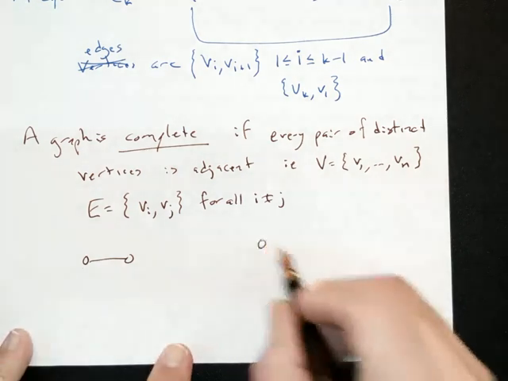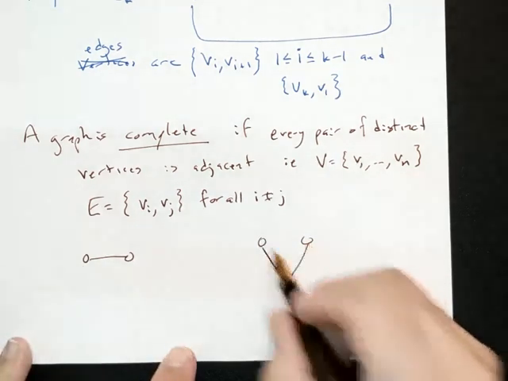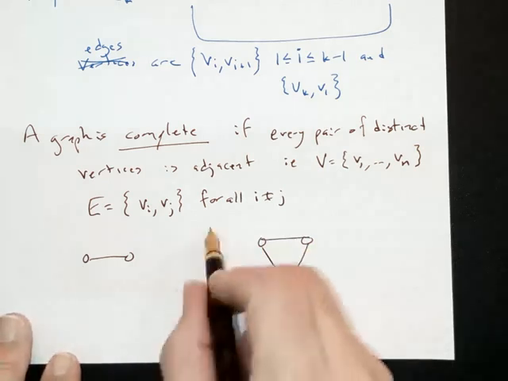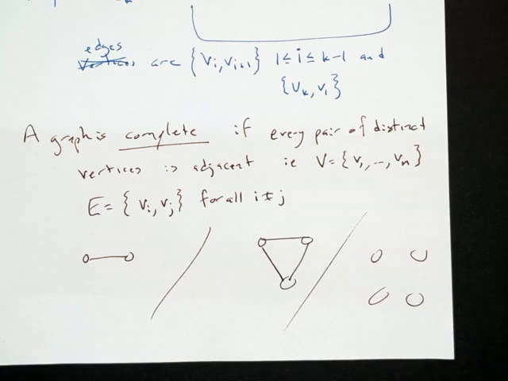What if I give you 3? What's your graph going to look like? Triangle. What if I give you 4? Say again?